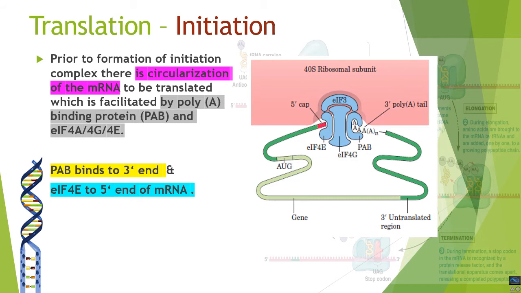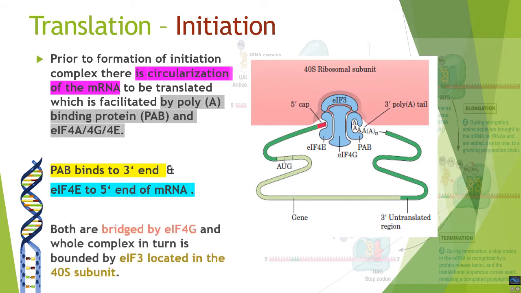The interaction of PAB and eukaryotic initiation factor 4E will cause bridging between eukaryotic initiation factor 4G and eukaryotic initiation factor 3. This interaction is mediated through eukaryotic initiation factor 3, because it interacts with the crevice or nook of the 40S ribosomal subunit of the eukaryotes.